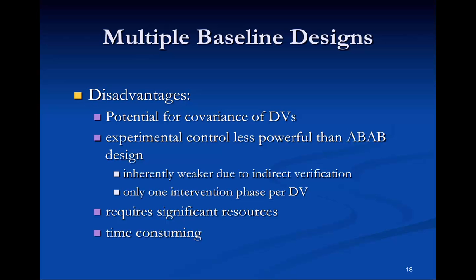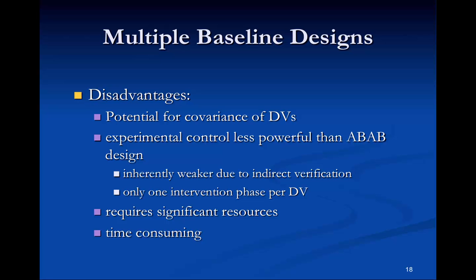Disadvantages. Well, it's hard. It's simple conceptually, but practically it could be hard. Finding the right kinds of behaviors, that is, behaviors that are going to be functionally independent of each other, so when you manipulate one, you don't get a change in the other, and at the same time are sensitive to the same intervention, are hard to find.